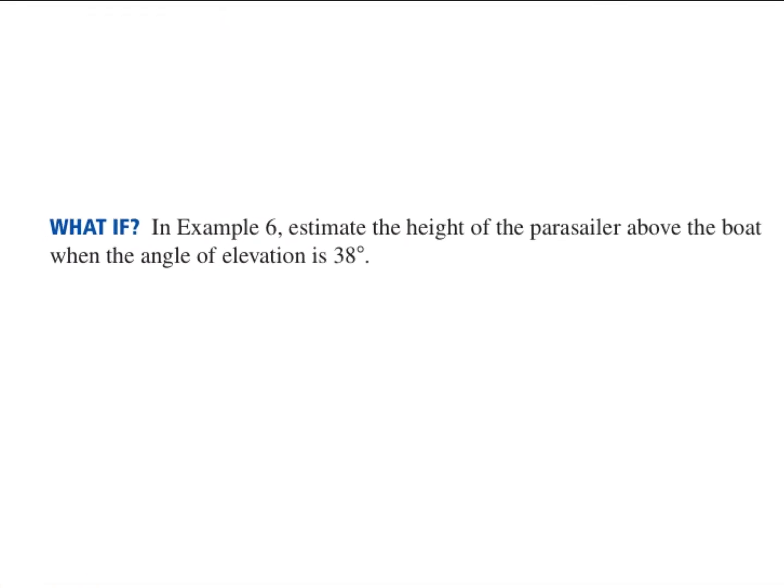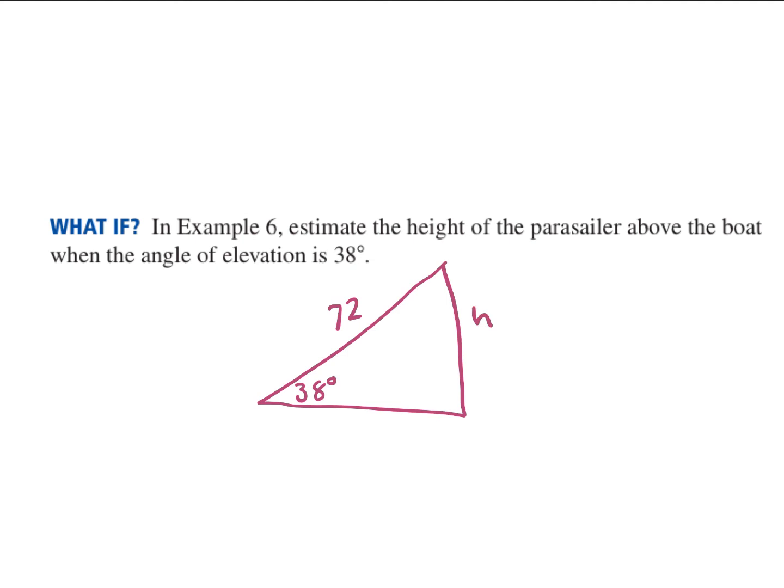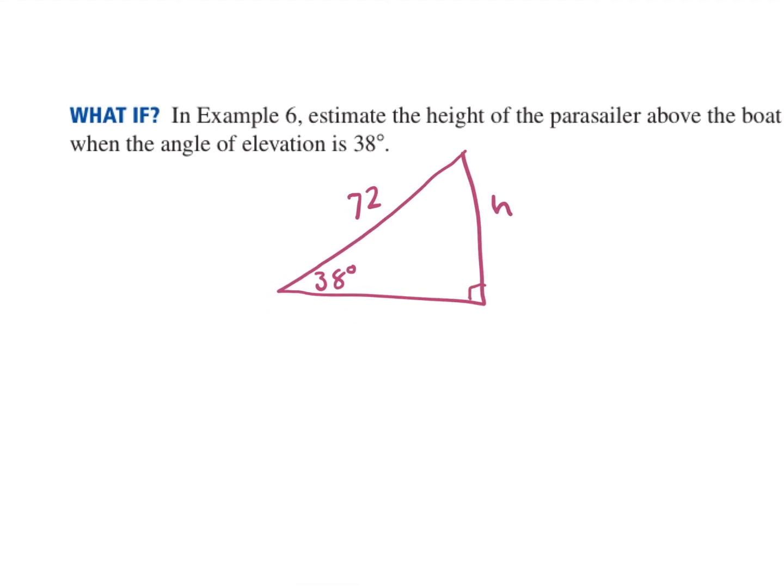Alright, next one. In example 6, estimate the height of the parasailer above the boat when the angle of elevation is 38 degrees. So we have that same picture here, but now our angle is 38 degrees. The rope is still 72 feet long, and we're still trying to find this h. So we do the same exact thing. We're just switching out that 28 that we had on the last page for 38.